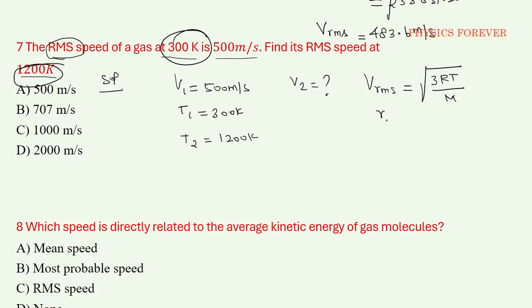Root mean square speed is proportional to root T. நம்மளுக்கு இங்க ரெண்டு தான் கொடுத்திருக்காங்க, ஒன்னு speed and temperature. We have to write it as V2 by V1, then rearrange this, root of T2 by T1.